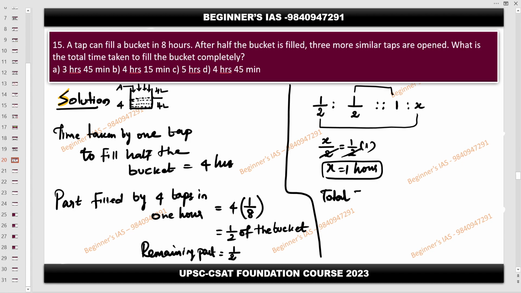So therefore total time taken is nothing but already half filled in 4 hours. The remaining part filled in 1 hour, since all the 4 taps are working now. So therefore your total time taken is 5 hours. The answer is C. Anybody having a doubt?